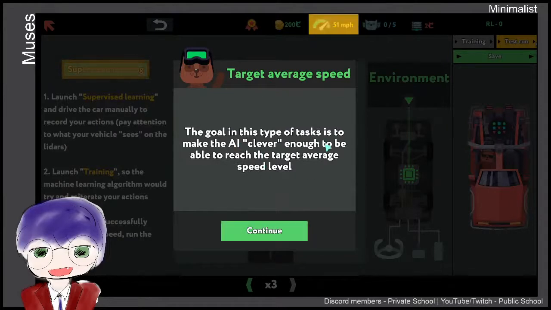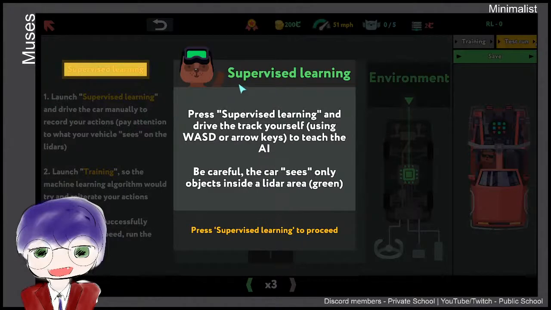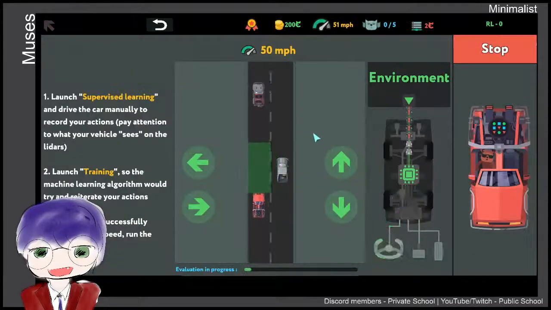Okay, the goal in this type of task is to make the AI clever enough to target average speed limit, supervised learning, drive the track. Oh, okay. Okay. Oh, I see.